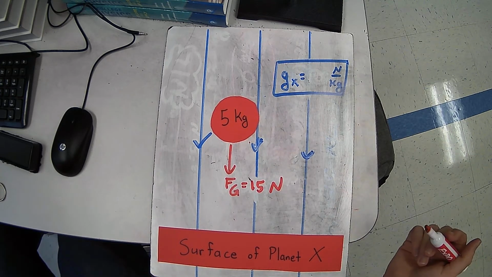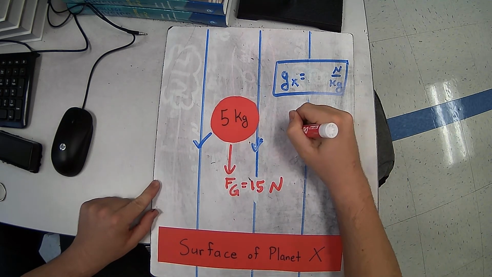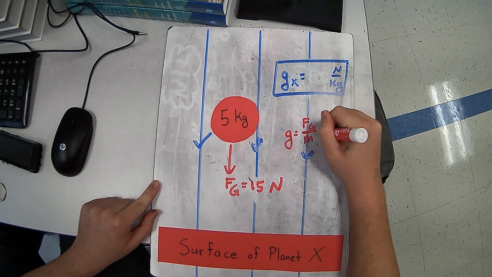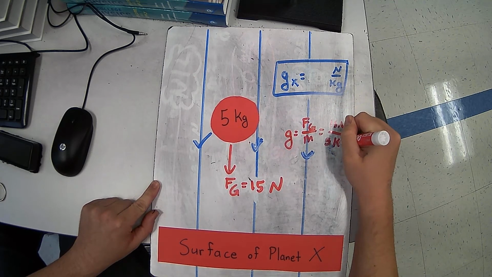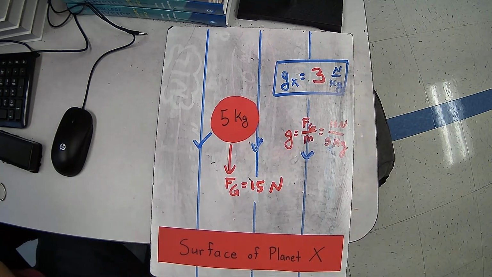Well, then to quantify the property of this planet, I would get g as that gravitational force divided by the mass, or that 15 newtons divided by my 5 kilograms. And I would end up with a gravitational field strength of 3 newtons per kilogram.